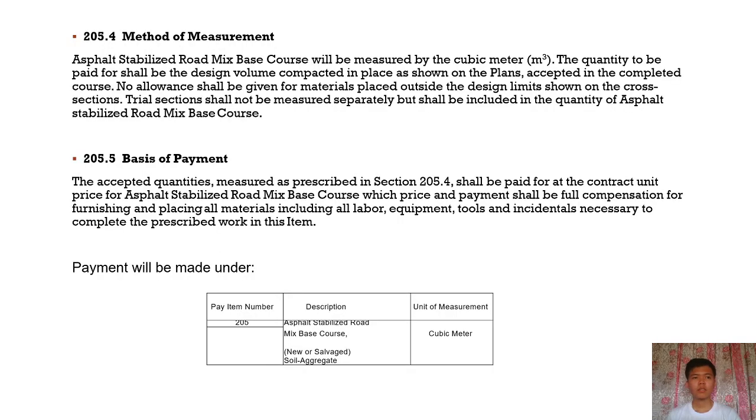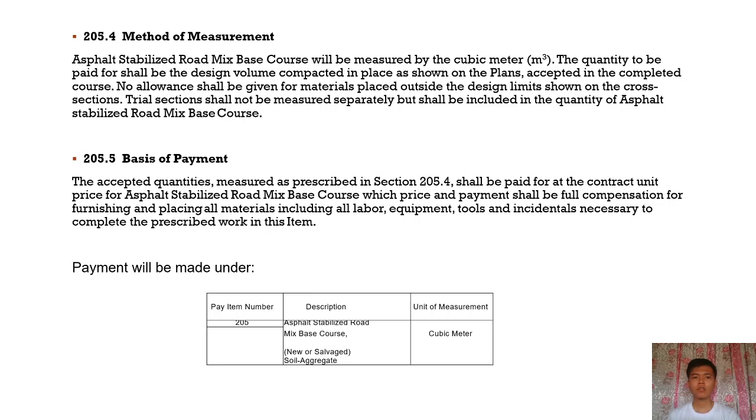So next is section 205.4 Method of Measurement. Asphalt stabilized road mix base course will be measured by the cubic meter. The quantity to be paid for shall be the design volume compacted in place as shown in the plans, accepted in the completed course. No allowance shall be given for materials placed outside the design limits shown on the cross sections.